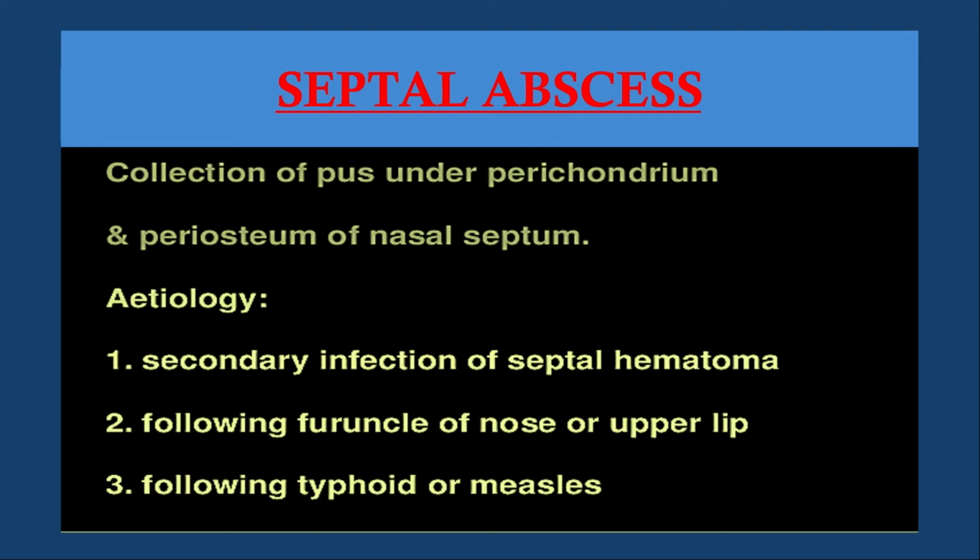Its etiology is that secondary infection of a septal hematoma can lead to a septal abscess, whereas a furuncle of the nose or upper lip can spread to the nasal septum, and a collection of pus can occur between the nasal mucoperichondria and mucoperiosteum, forming a dumbbell-shaped swelling on both sides of the nasal cavity. Following typhoid or measles, septal abscess may occur as a complication as well.